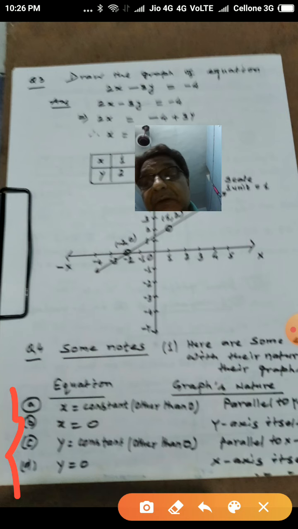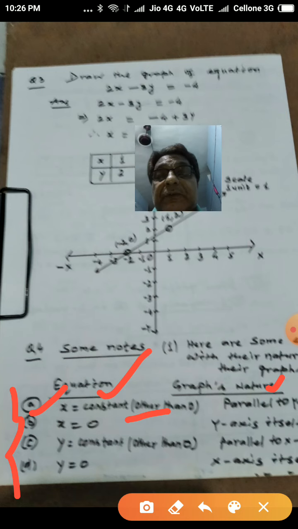In this side it is the equation, and in this side the graph's nature, that for which type of equation the graph will be of which type. Say when we draw the graph of x equal to any constant, say x equal to 2, x equal to minus 2, x equal to 4, any constant but other than 0, then for that equation the graph is parallel to the y-axis.